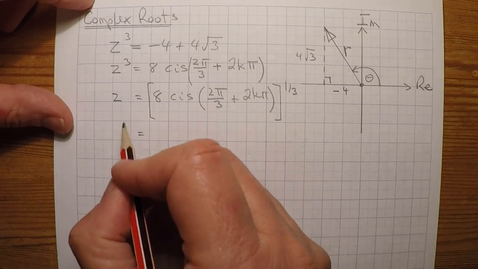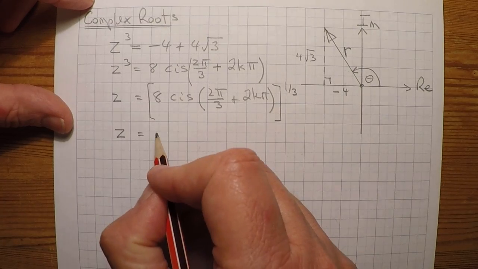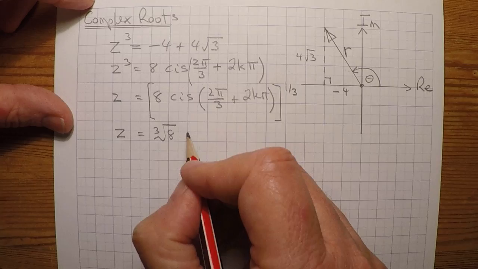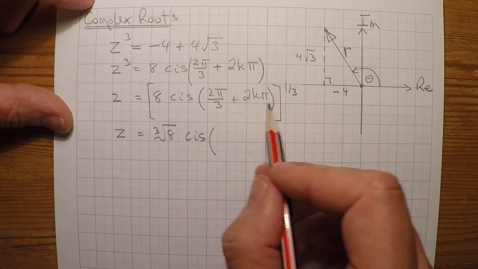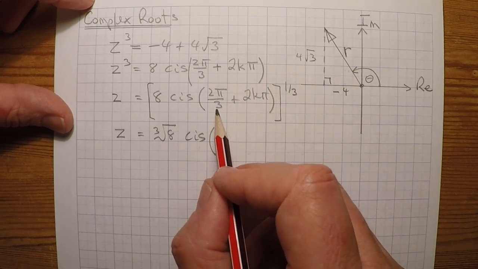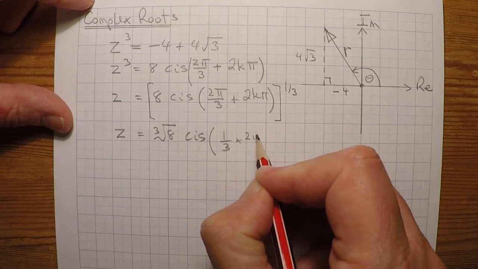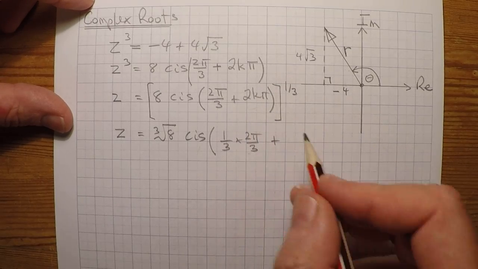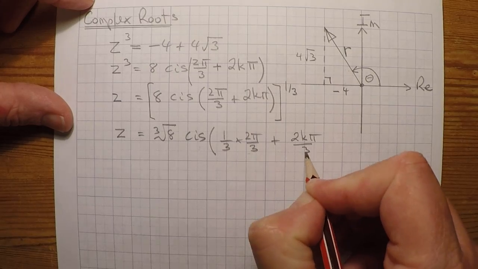Now, using de Moivre's theorem, this would be 8 to the power of 1/3, or the cube root of 8. And when it comes to the angle, we multiply by the exponent. So it's 2 pi over 3 times 1/3, and this is times 1/3, so we'd have 2k pi over 3.